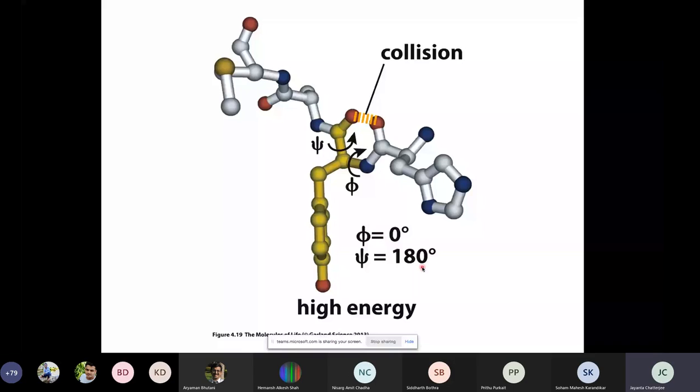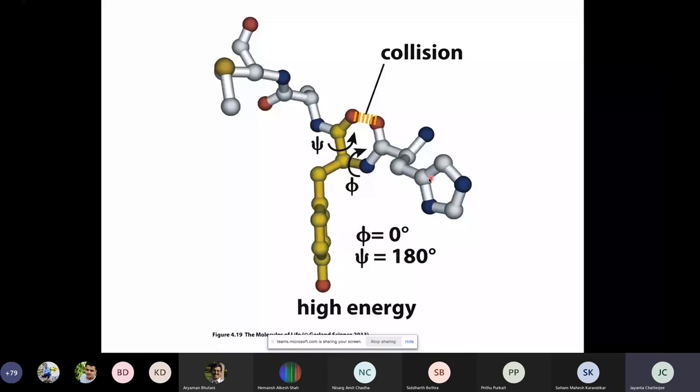Psi is the angle between the C alpha and the carbonyl C, where the nitrogen and the carbonyl carbon are exactly opposite to each other. Imagine a Newman projection looking through this CC bond; you will see the nitrogens above and below.